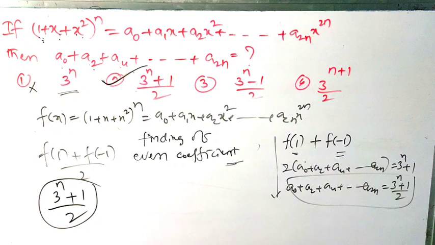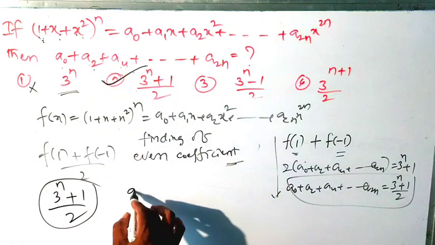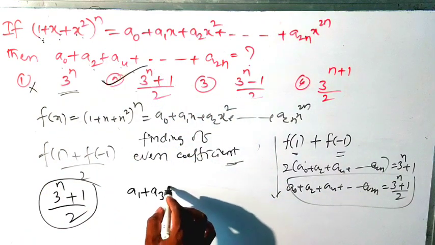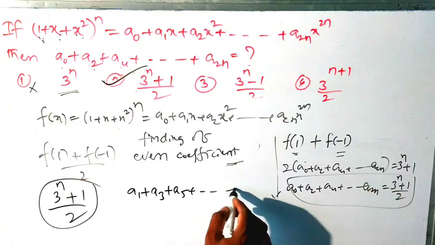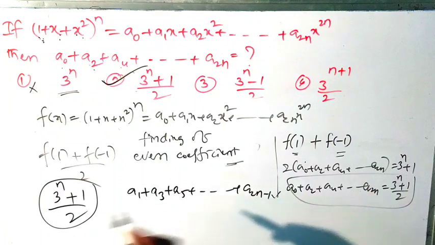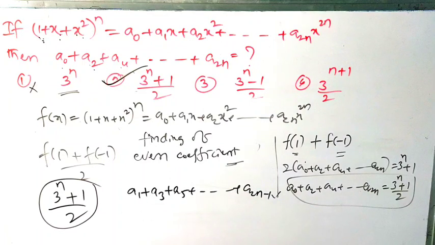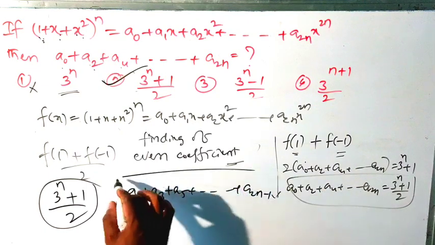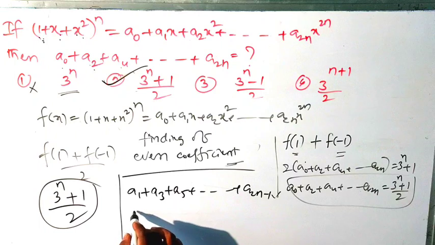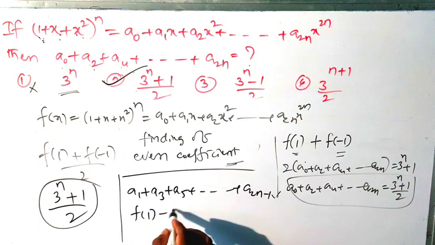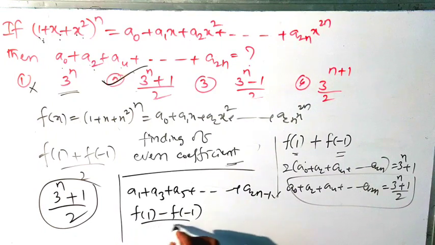Suppose odd coefficients are also asked. What do we take here? The odd coefficients are a1 plus a3 plus a5 up to a2n minus 1. Now we take f of 1 minus f of minus 1 by 2.